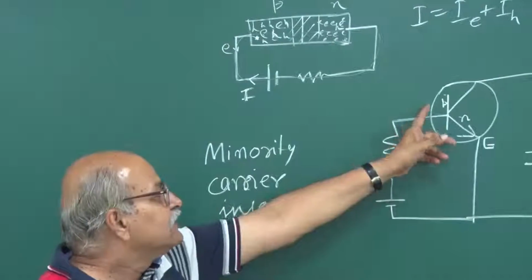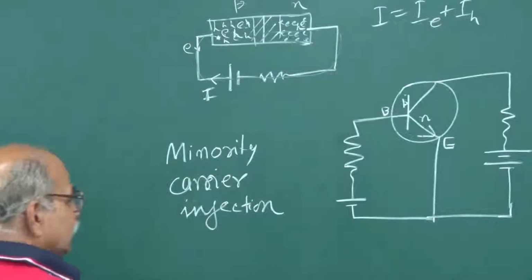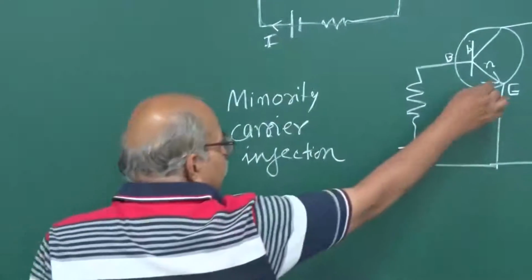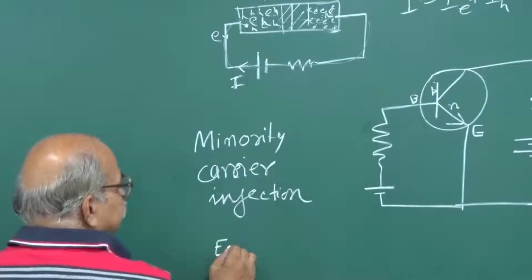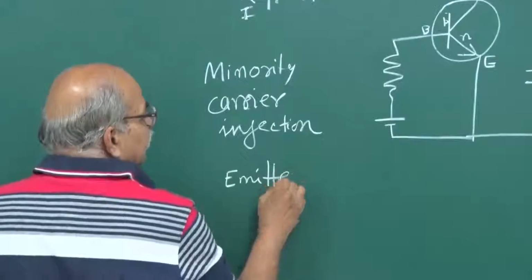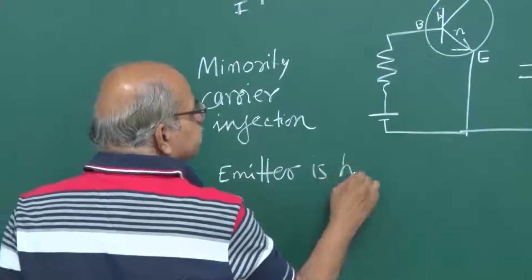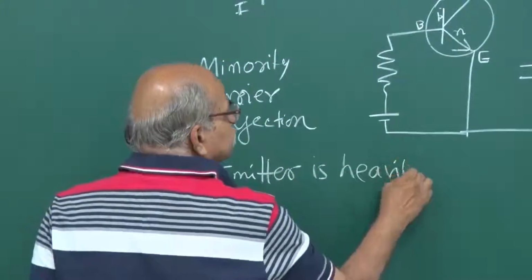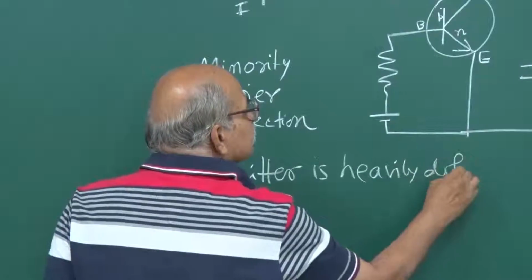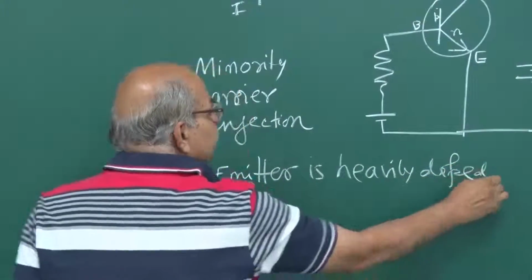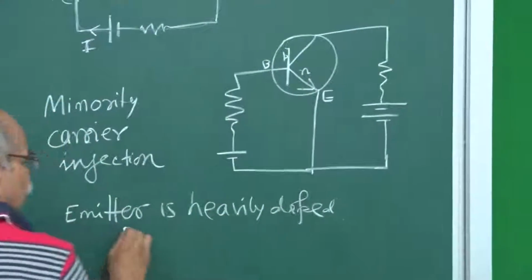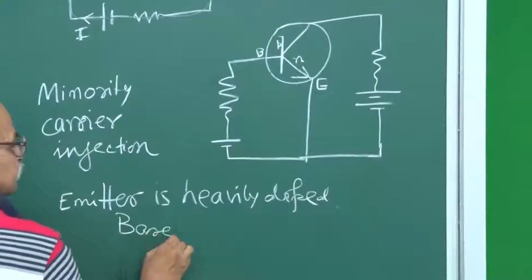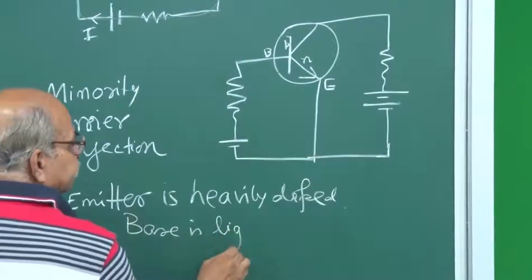Here the extra things are, one, this emitter, this N-type emitter, is heavily doped. This is one. And this P here, this base, is lightly doped. This is one thing.